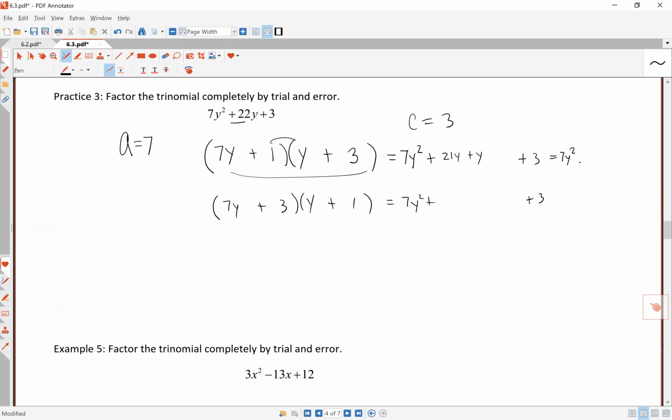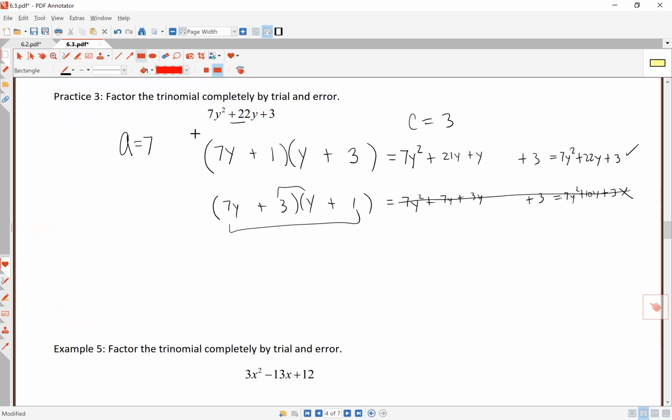That gives us the 22 that we were after. The second one gives us 7y plus 3y, which is 10y. And that's the error. So we use 7y plus 1 times y plus 3.